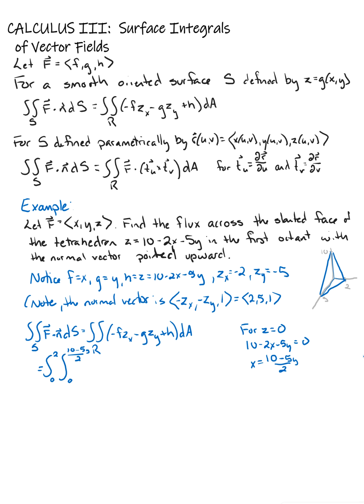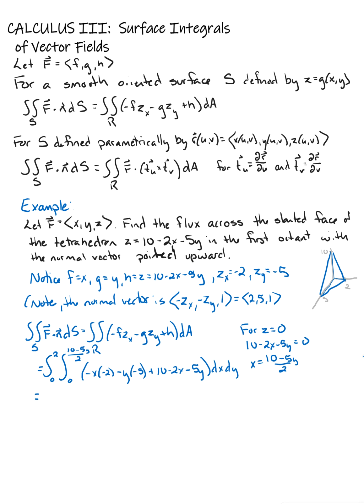And then our integrand is the opposite of f, which is negative x, times the partial of z with respect to x, that's negative 2, minus g, which is just y, times the partial of z with respect to y, which is negative 5, plus h, which is 10 minus 2x minus 5y. And we are integrating with respect to x and then with respect to y.